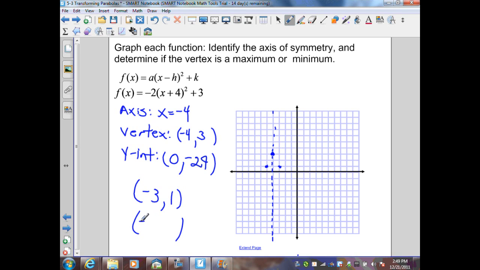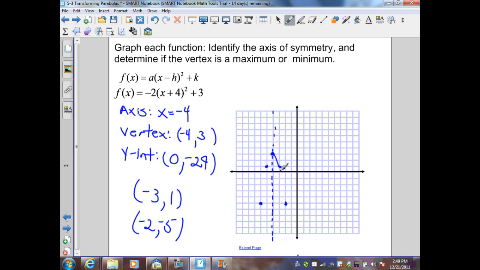I'm going to graph x equals negative 2. A negative 2 plus 4 is 2. 2 squared is 4. 4 times a negative 2 is a negative 8, plus 3 is a negative 5. So negative 2, negative 5, and its reflected point over the axis of symmetry.